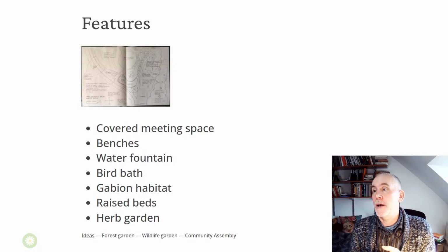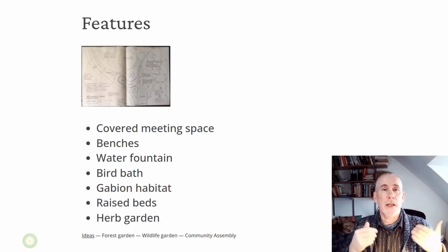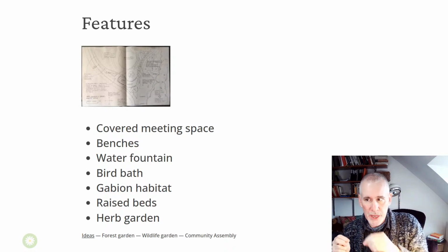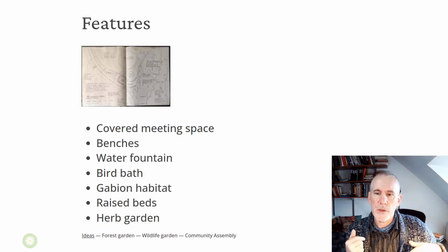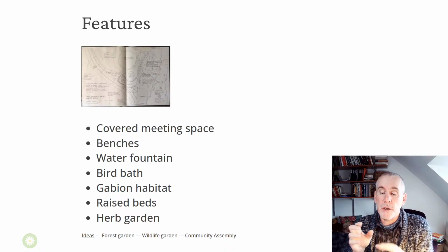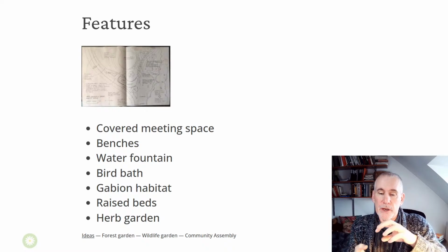Gabion habitat. We've got to build this into the infrastructure. But Gabions are fantastic. As John Little, the gardener, calls them, Gabions are like units of wildlife habitat, I think is the term he used, because you can fill them with all sorts of different materials and aggregates, and they provide fantastic habitat.